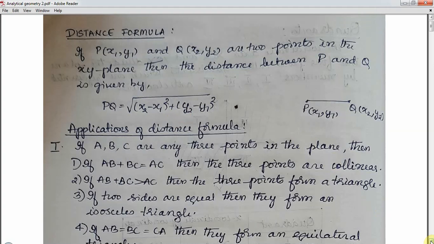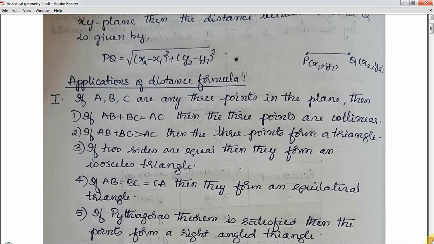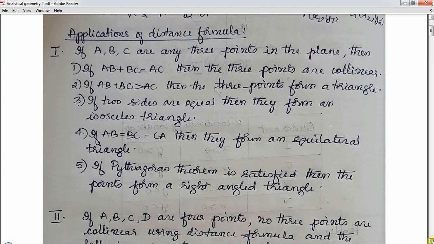Applications of distance formula. If A, B, C are any 3 points in the plane, I take 3 points A, B and C, anywhere I take on a paper, that means I can draw them however I want, any 3 points.